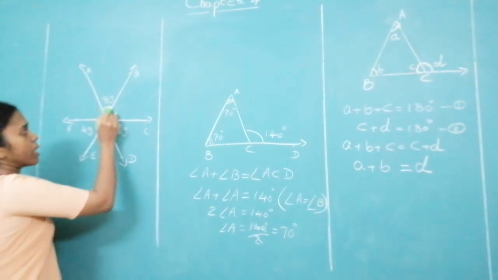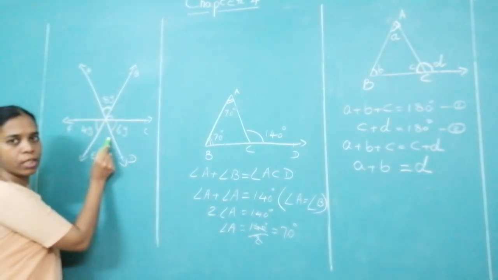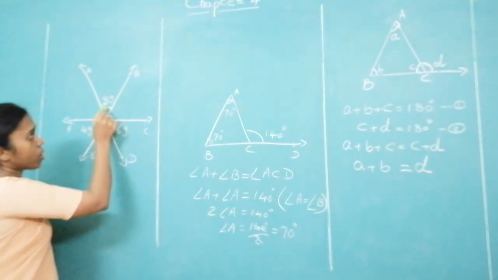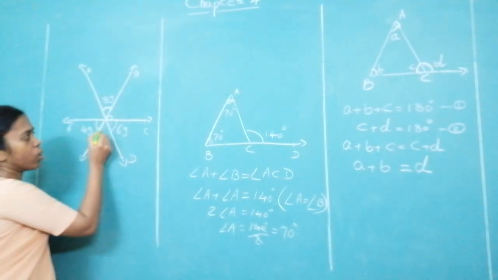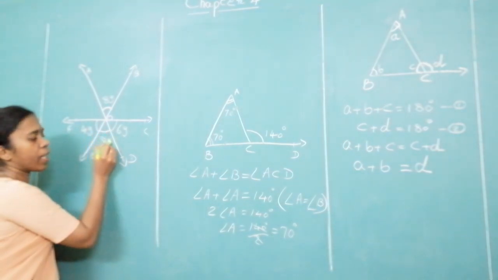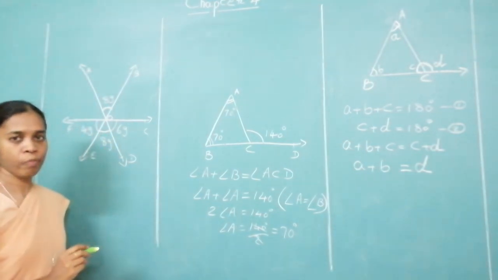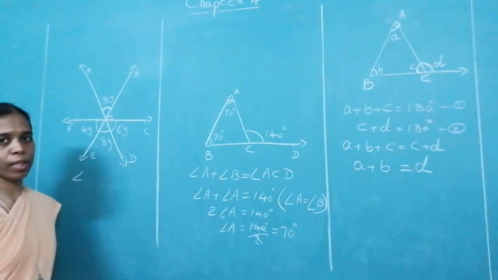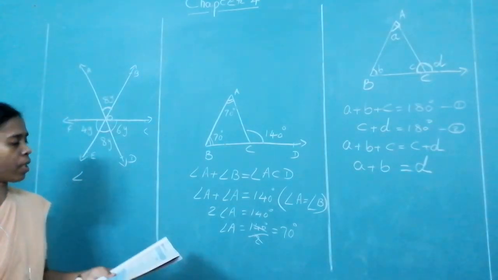What can you say about this angle and this angle? These are vertically opposite angles. So, this angle will be 8y. Now, how do you write it? Please write the step.